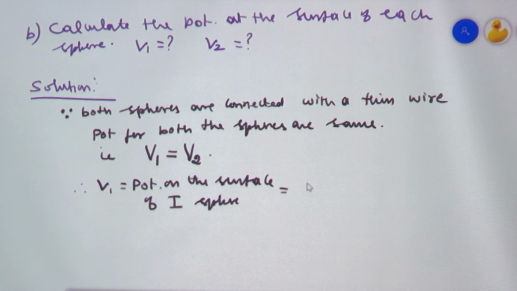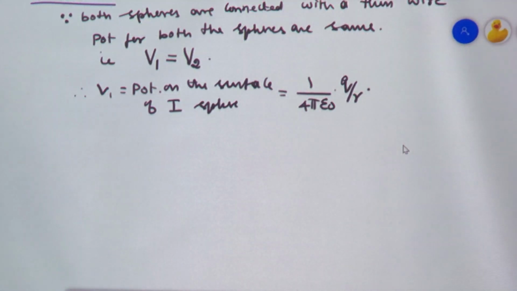What is the potential on the surface of the first sphere? 1 divided by 4 pi epsilon 0 into Q by R, because the charge given to the sphere acts like a point charge. This is a general formula. In the first case, I have to write this as Q1 and this one is R1. So I can write it out like this.